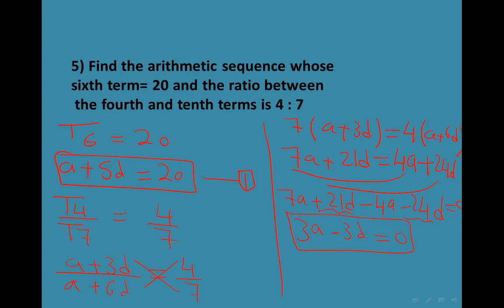I'll try to solve these two equations, equation number 1 and equation number 2. I write them. A plus 5D equals 20. I use my calculator to find the solution set. Mode, equation number 1, and I write the coefficient of each term.